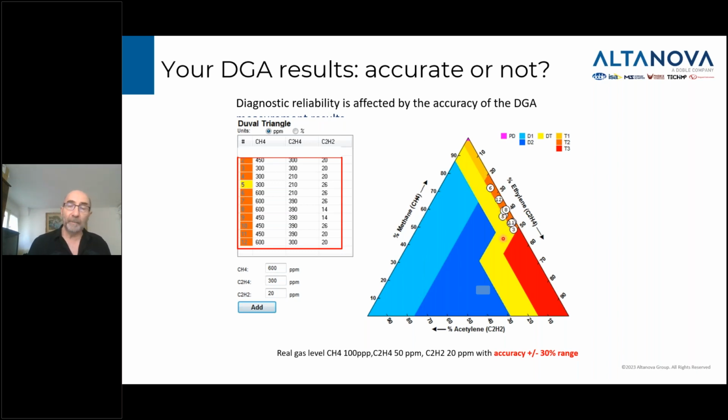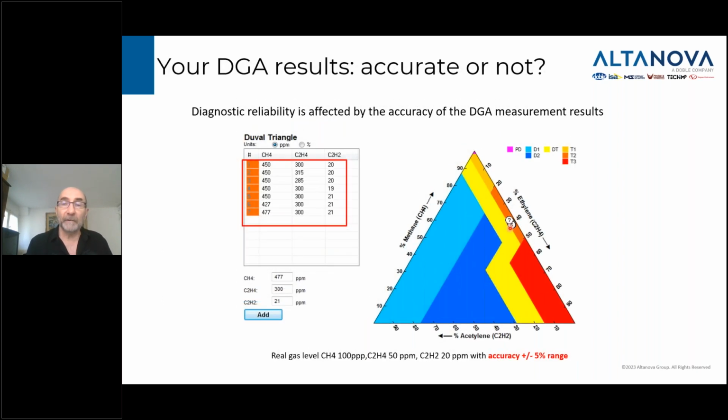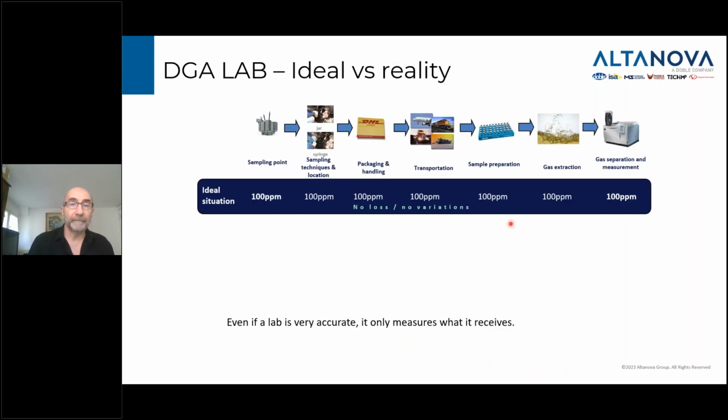You take the same sample, put it in a system with an accuracy of 5%, and now mostly all of them are concentrated into a T2 diagnostic. So this is the impact, especially when you're using the Duval triangle. You can see that it concentrates the diagnostic in a much tighter area if you go from a very low accuracy to a very high accuracy system.